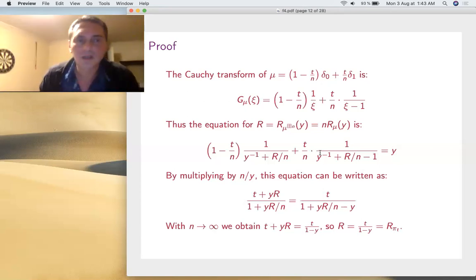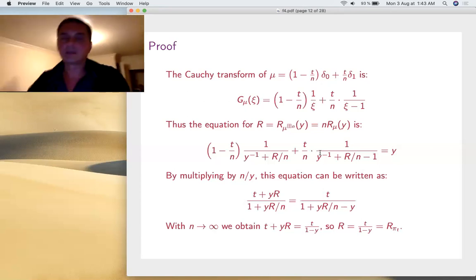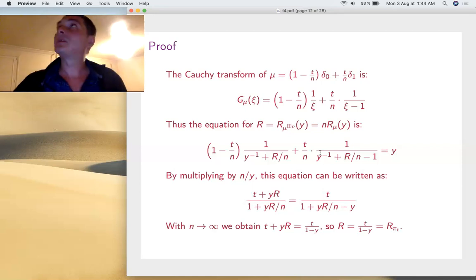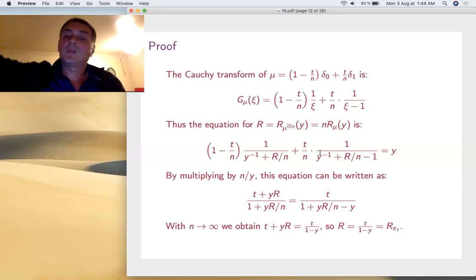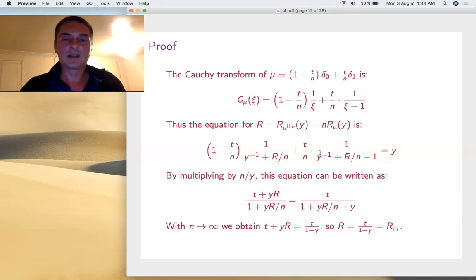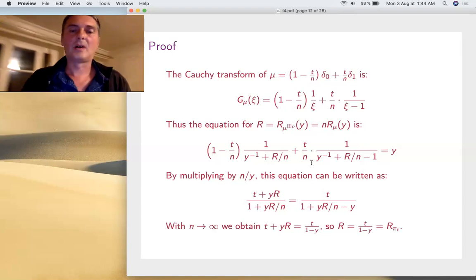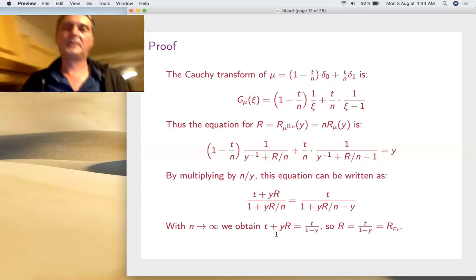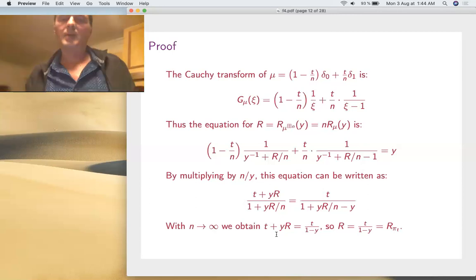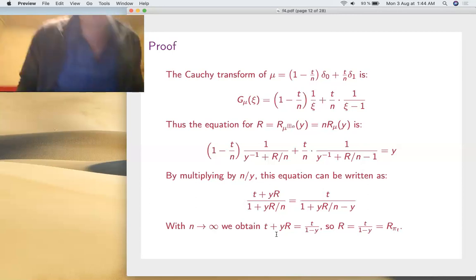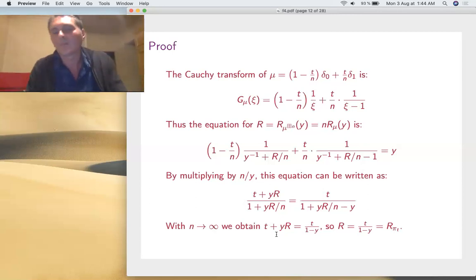Well, now you can solve this. When n goes to infinity, R over n can be neglected. So I just get on the left t plus yR, and on the right t over 1 minus y.